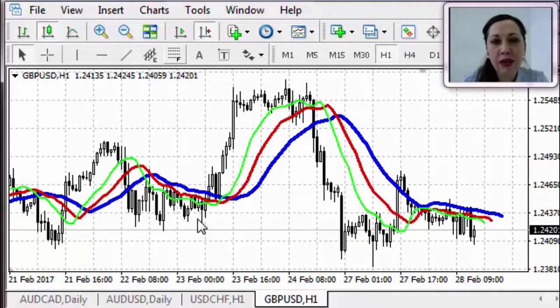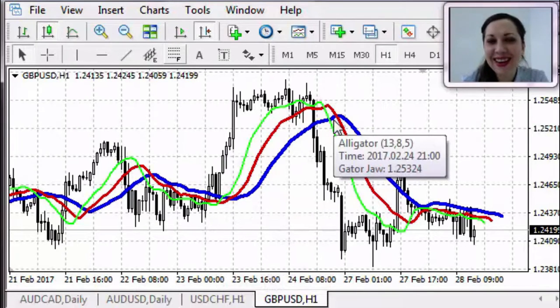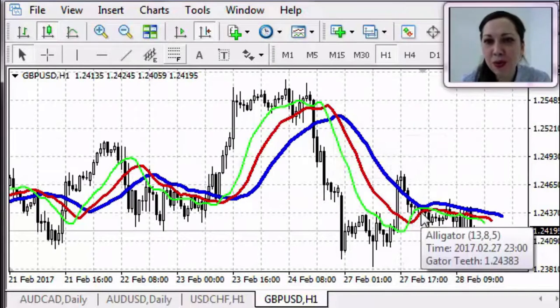Also, we can identify the trend with the help of the price as with any moving average. If the price is above the jaw line, the slowest one, it's the upward trend. If it's below, it's a downward trend. So, 2 ways of analyzing the trend.